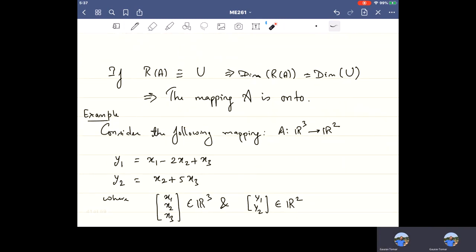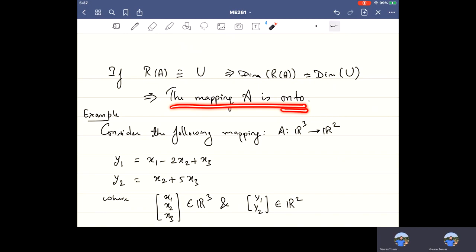Now, if you're mapping to every vector of U, that means the range of A is essentially the entire U, then the dimension of range of A will be the dimension of U, right? The mapping in that case is called an onto mapping.